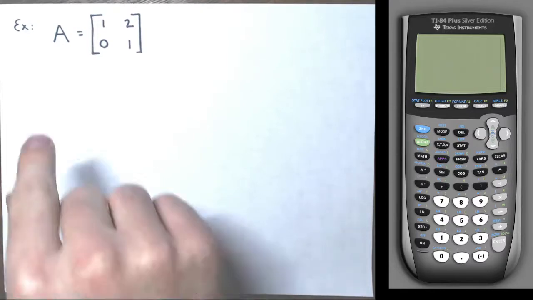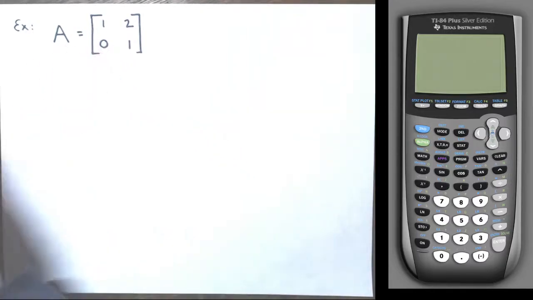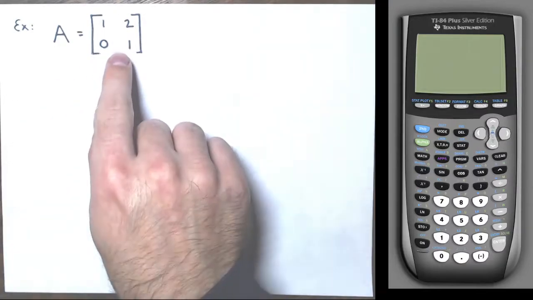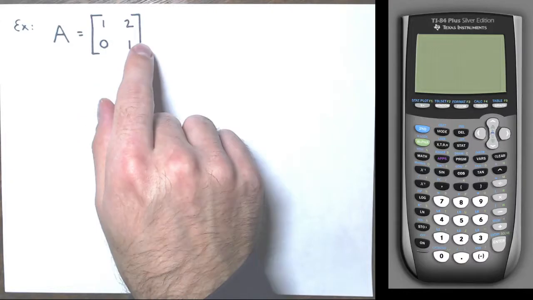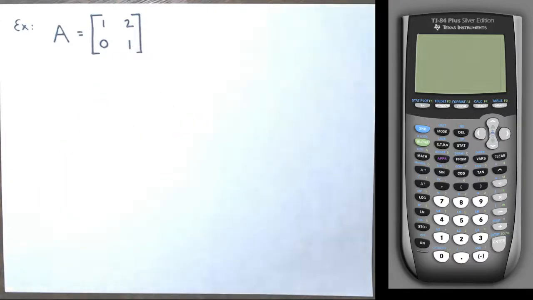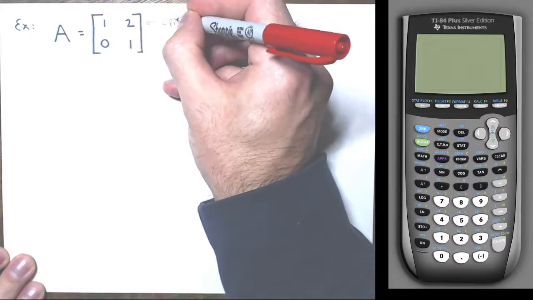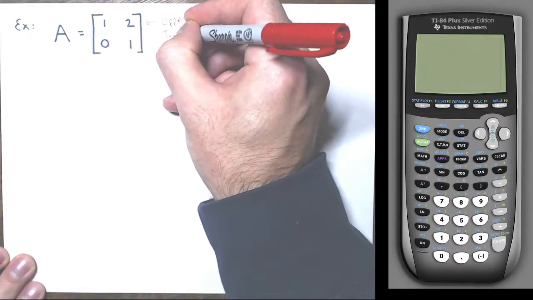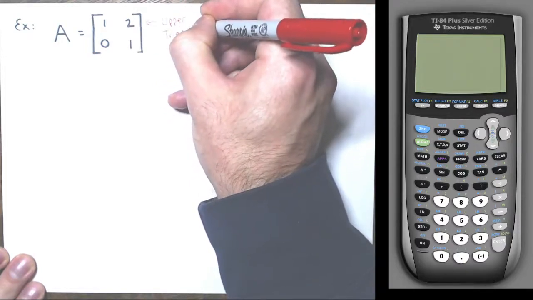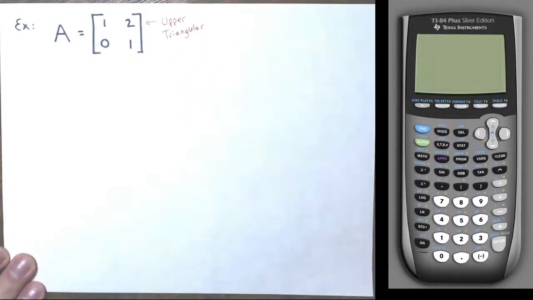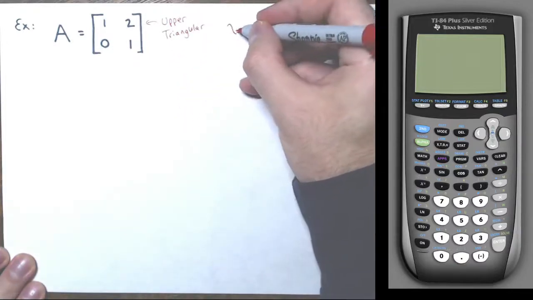All right, so here's another example. Again, a 2 by 2. This time, it's an upper triangular matrix. Remember, this is what they would call upper triangular. So I know the spectrum already.